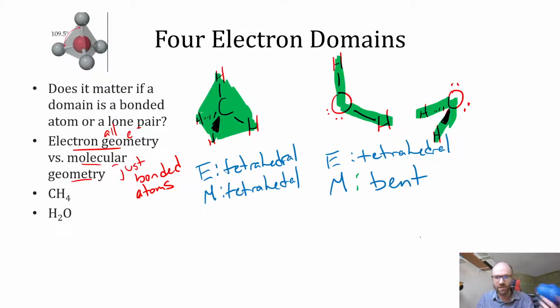I think you can see what I mean when you look at the pictures, but I also have this. It might not be so easy to see until I label it, but if this was water, 2 of these would be lone pairs and 2 of these would be hydrogens. So I'm going to label this one as a hydrogen. Then you think, which of the other ones do I label as a hydrogen?